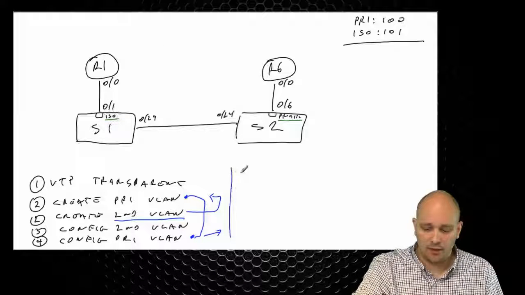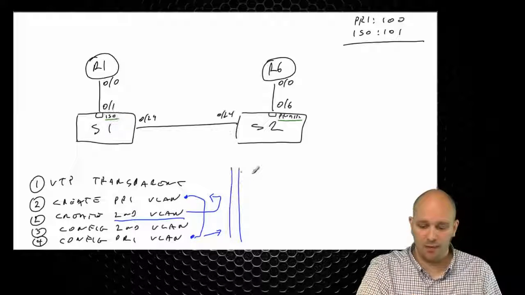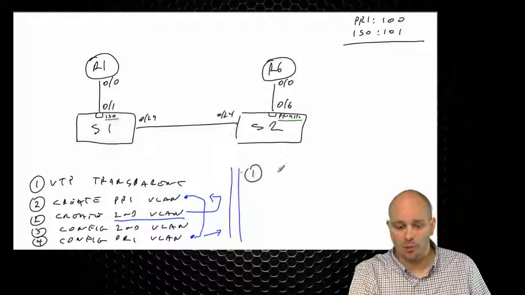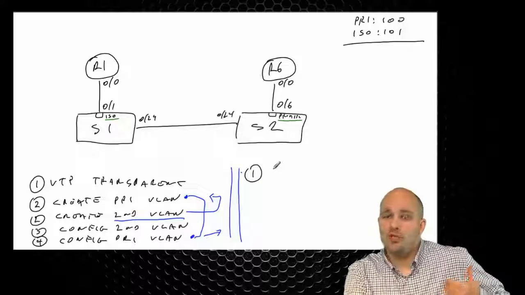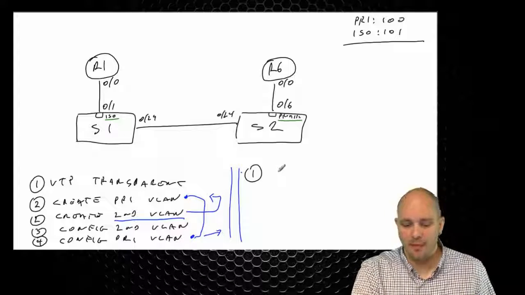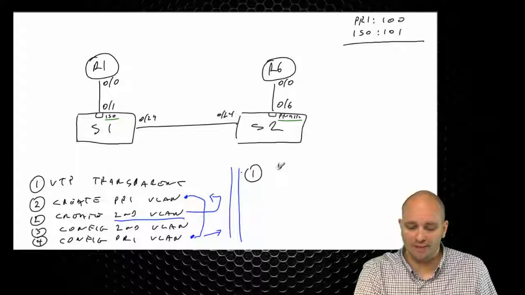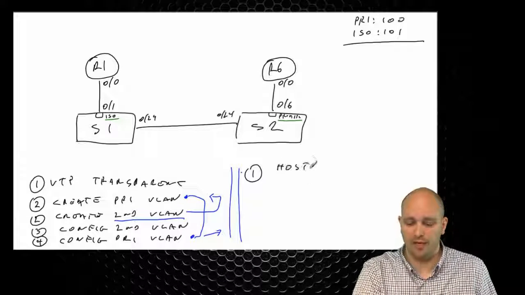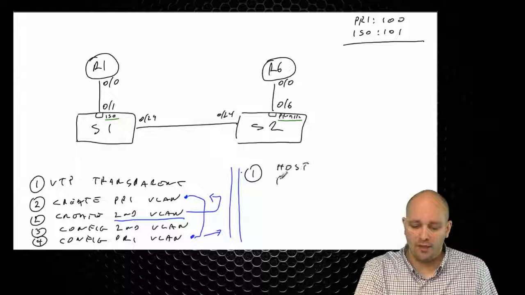When I'm configuring the ports, the first thing that I need to do is determine which type the port should be. Now, in private VLAN context, we can have 2 types of ports. We can have host ports, or we can have promiscuous ports.